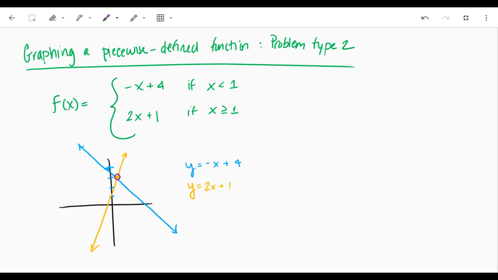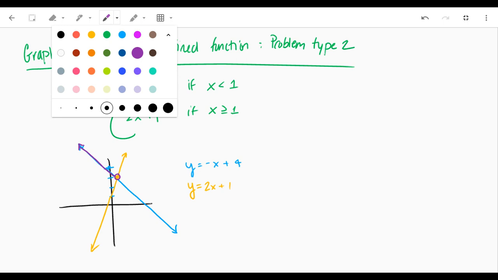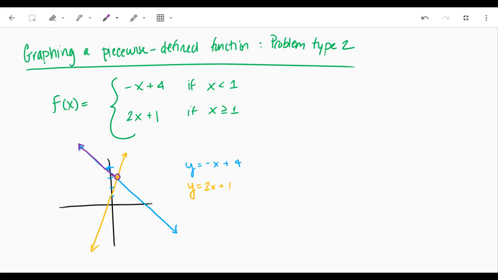So I'm only going to draw the left side of this, where x is less than 1. So open circle when x is 1, and then to the left. In fact, I'm going to get a fatter marker here. So there's the left piece of it.